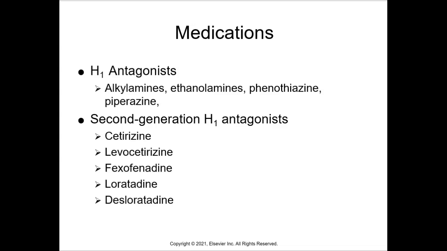All right, so when I give an H1 antagonist and I'm blocking the H1 receptor, what happens? I decrease my vasodilation, right? So I no longer have my arterioles and my venules of the skin vasodilating, so I decrease flushing. Okay. Once I give that blocker, I prevent the increased permeability and I should have a reduction of edema.